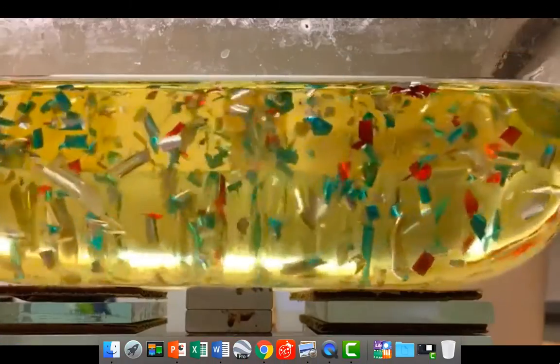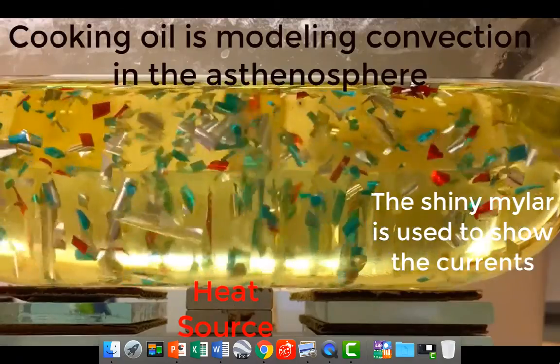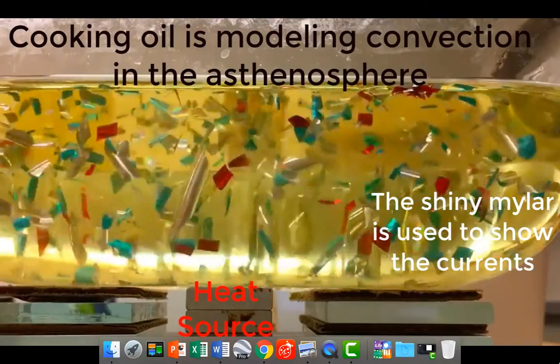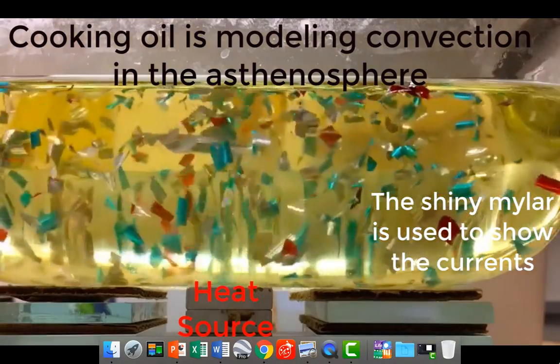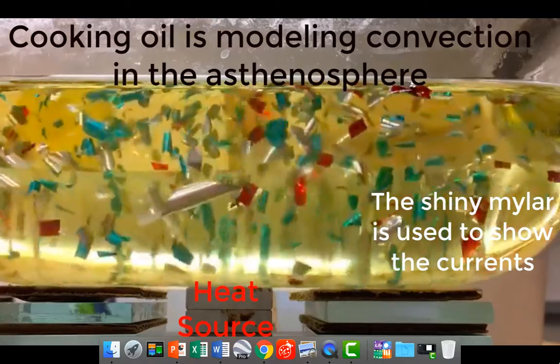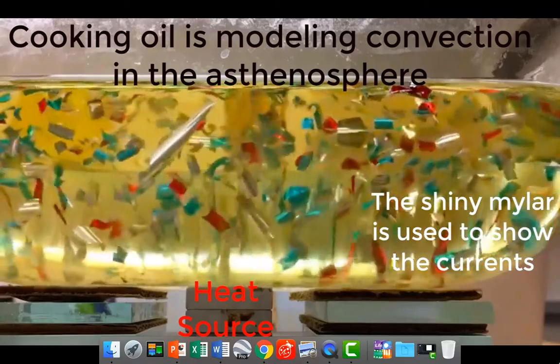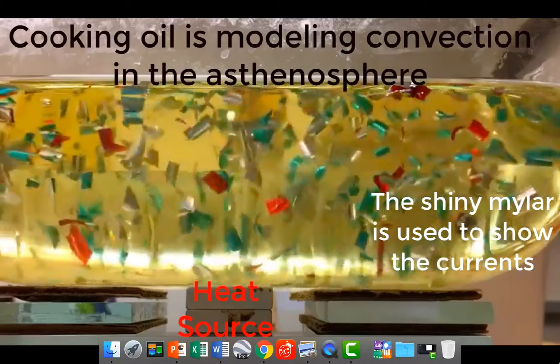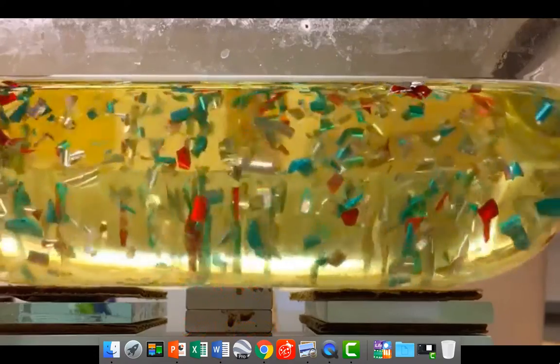So this week, on Monday, we completed a convection current lab. I want to show you again what convection currents look like. You have a heat source in the middle, and that would be analogous to the core. And then you have the mantle. In this case, we're showing oil and some flakes of mylar.